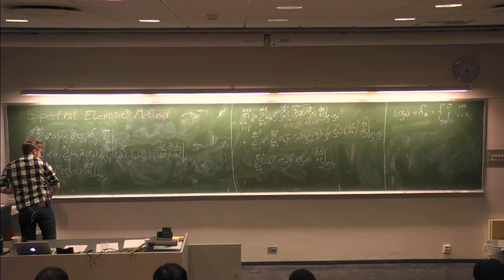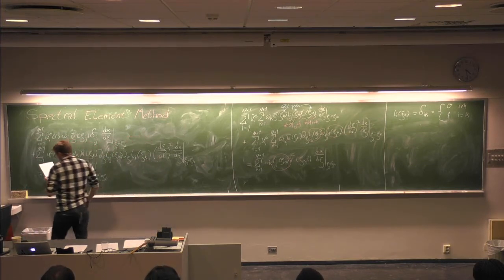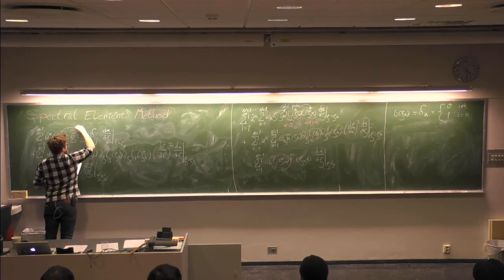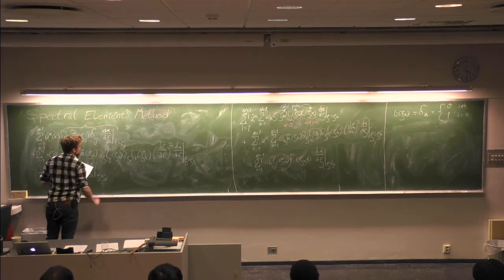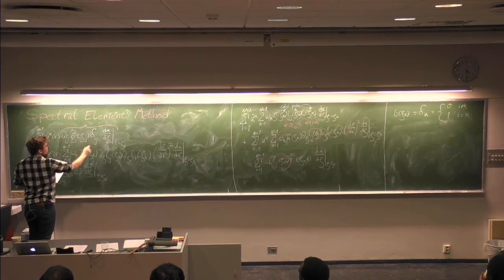So now we can have this in matrix form. This bit here is going to be a diagonal matrix. Why is it going to be a diagonal matrix? Because of this term.